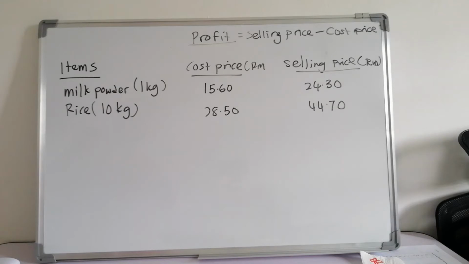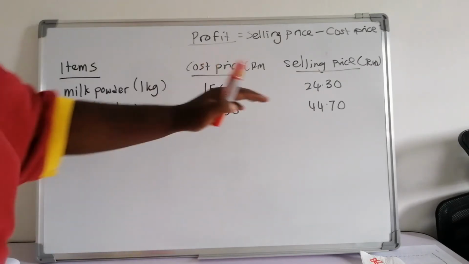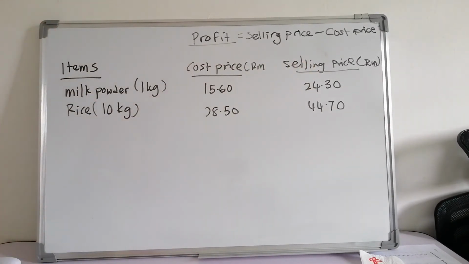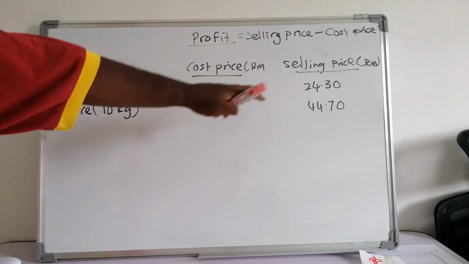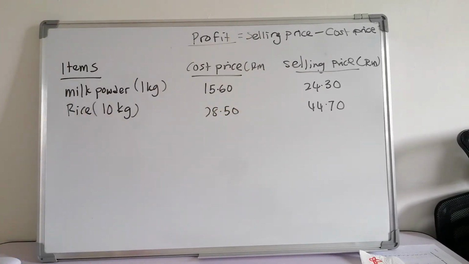In this case, milk powder has a cost price of 15 ringgit 60 cents, and the selling price is 24 ringgit 30 cents. For rice, the cost price is 28 ringgit 50 cents and the selling price is 44 ringgit 70 cents. First, we find the profit of selling milk powder.